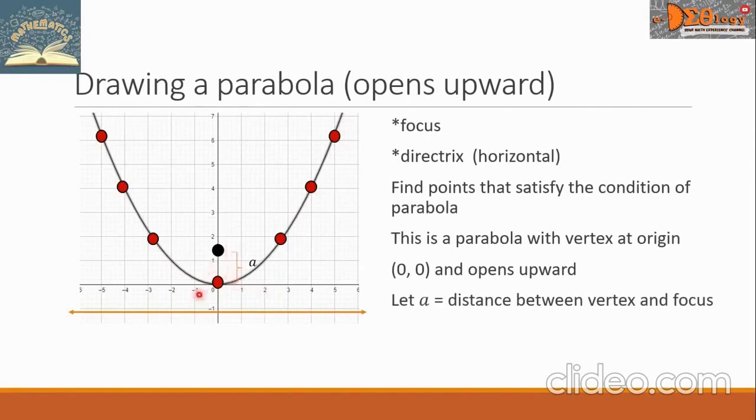By the way, this point here is the vertex and this is our focus. And the distance is a. The coordinates of the focus is (0, a). And the directrix, the equation is y equals negative a.